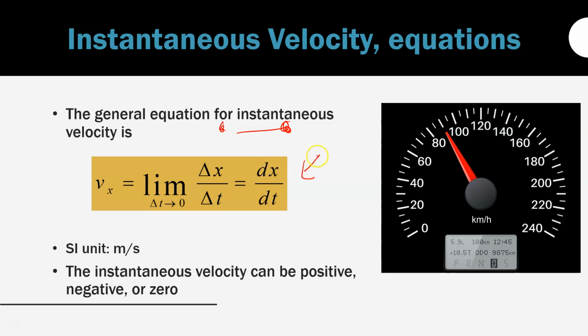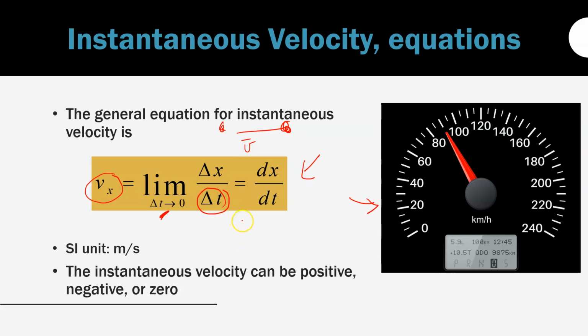But the magnitude of instantaneous velocity can be read on your car speedometer as shown here. So this is the speedometer in your car or in any mobile. The instantaneous velocity, which is v over here in this equation, is the limit of the average velocity as the time interval delta t becomes infinitesimally small.